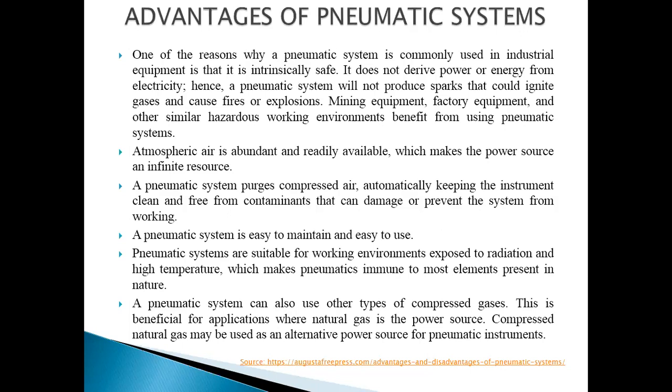Pneumatic systems are most used in transfer lines, in assembly lines, and in tightening nuts and bolts. Even you can see, whenever you are going to change the tire of a car, the mechanic uses pneumatic guns or pneumatic fastener tightening or loosening guns.